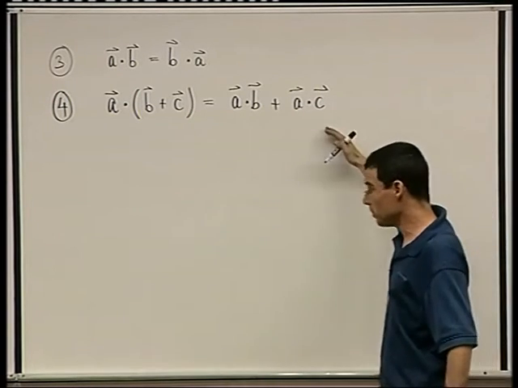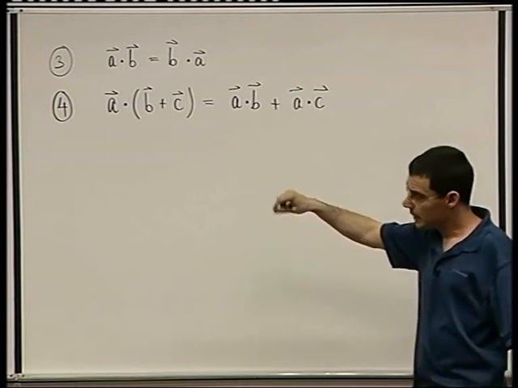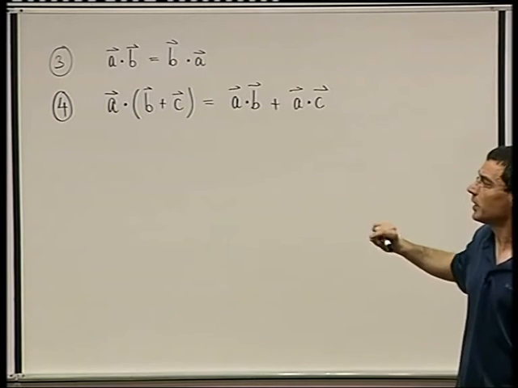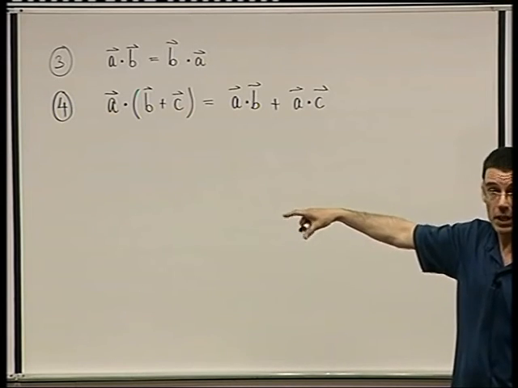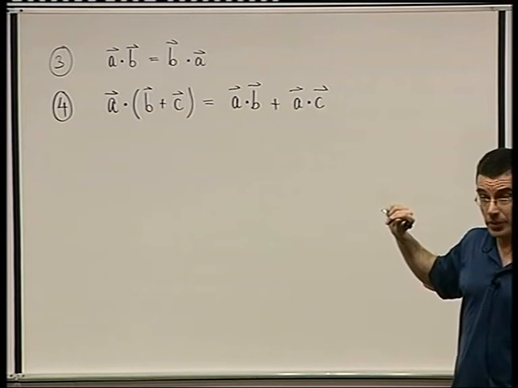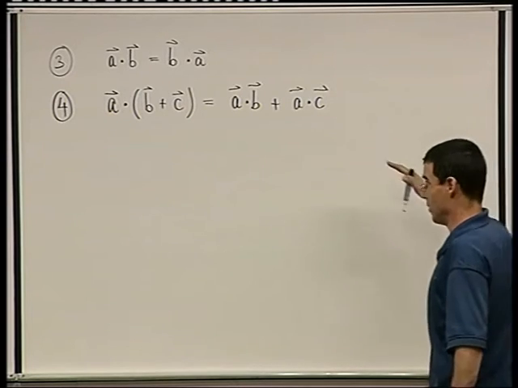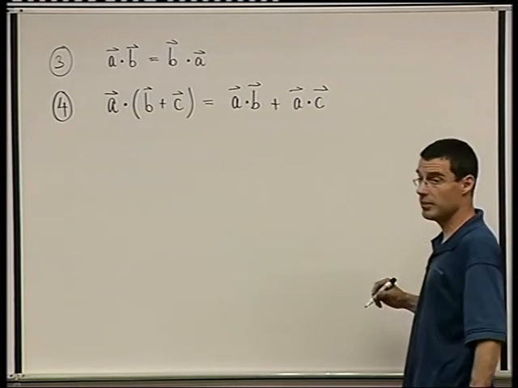In order to formally prove this, you have to argue a more delicate argument that has to do with these projections business. I'm not going to do it, I'm going to skip it. Nevertheless, this statement is true. So we have the distributivity.